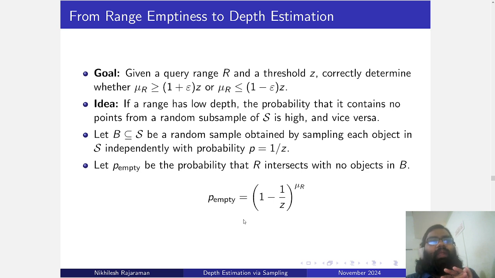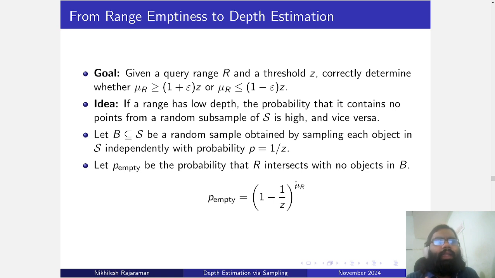The probability that none of them are added to the sample, by independence of each of these objects being included in the sample, is 1 minus 1 by z raised to the power of mu R, since we are making this choice independently for each object. And so finally the probability that the range is empty, P empty, is 1 minus 1 by z raised to the power of the depth mu R.